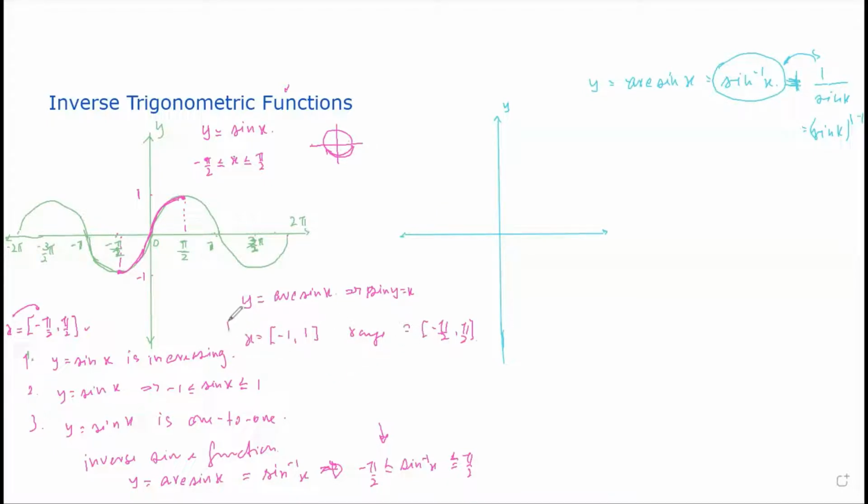So I'm going to write down here, I need more space: y is between negative pi over 2 and pi over 2. So I can erase this one.